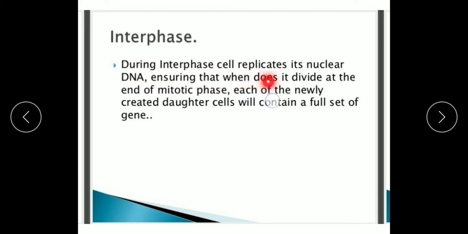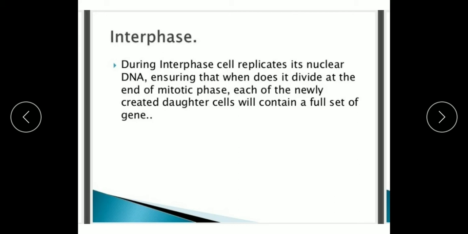During interphase, the cell replicates its nuclear DNA, ensuring that when the cell divides at the end of the mitotic phase, each of the newly created daughter cells will contain a full set of genes. The DNA found inside the nucleus is called nuclear DNA, and outside the nucleus it is extrachromosomal DNA.